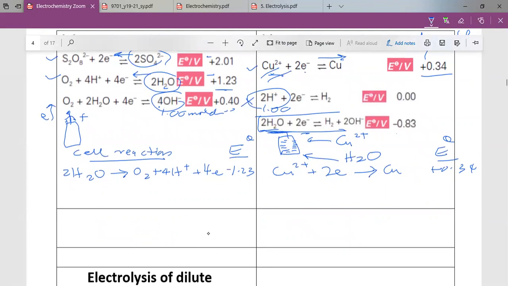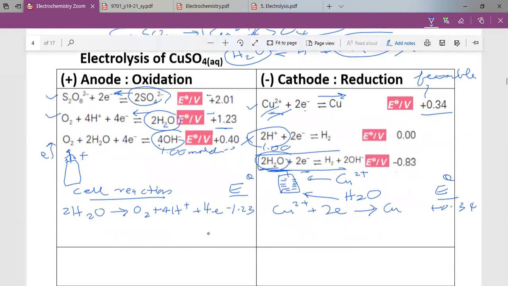Of course, water remains. Oxygen is given out here, and H+ remains. So H+ plus your SO4 2- means the whole solution becomes acidic. So the blue color will disappear and it becomes acid.